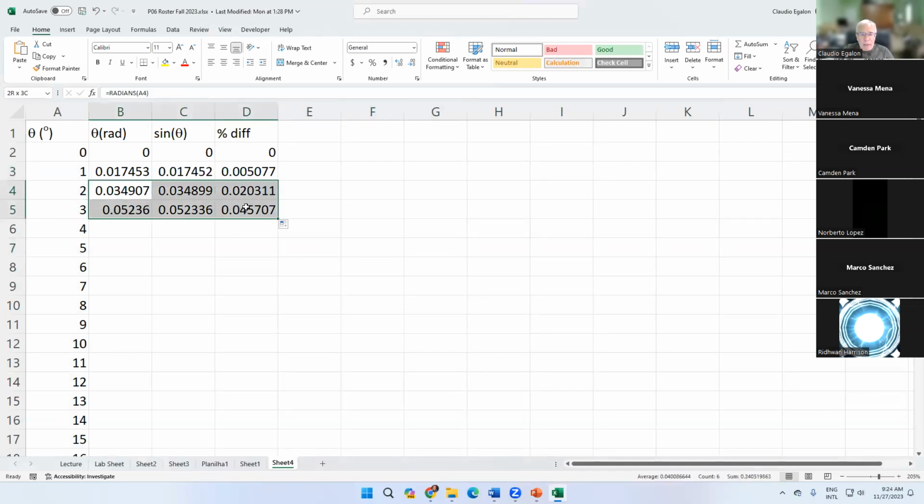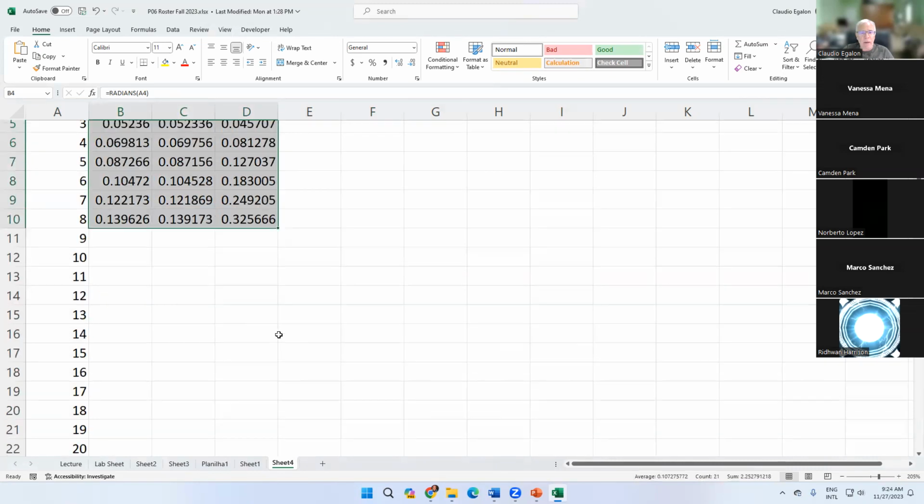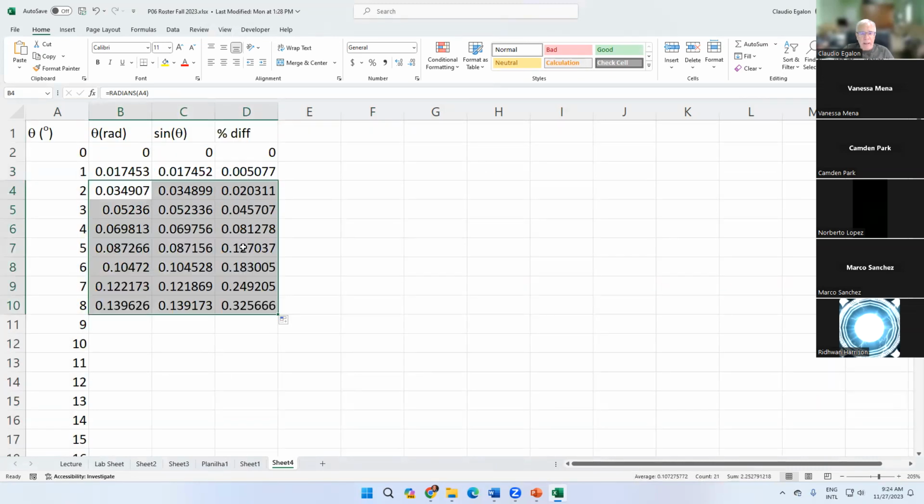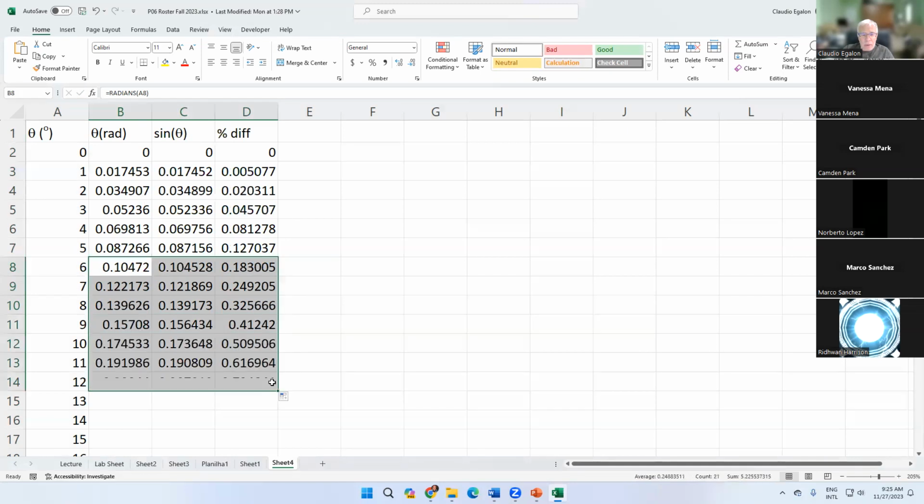And then we can keep on doing that up to 90 degrees, okay? If you want. Take a look what we get. As the angle starts increasing, the percentage difference between the approximation and sine of theta starts increasing too. But it's still very small. It's 0.3% only. Remember that I told you anything less than 5% is negligible, right?